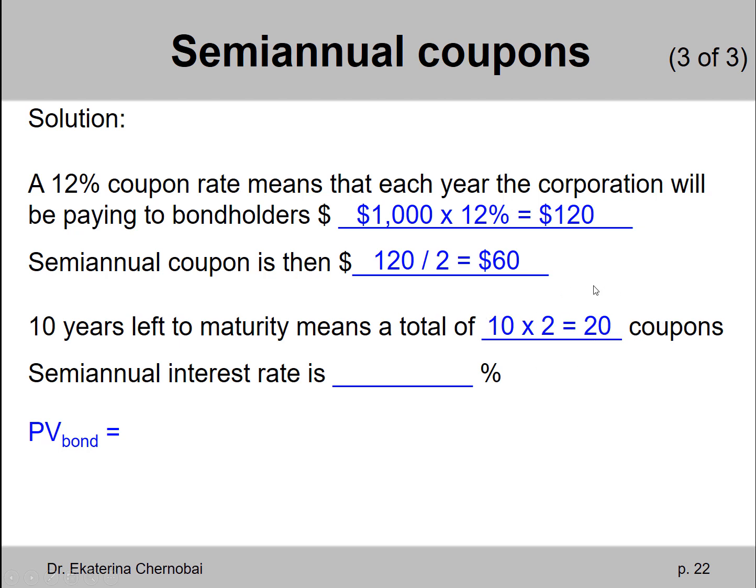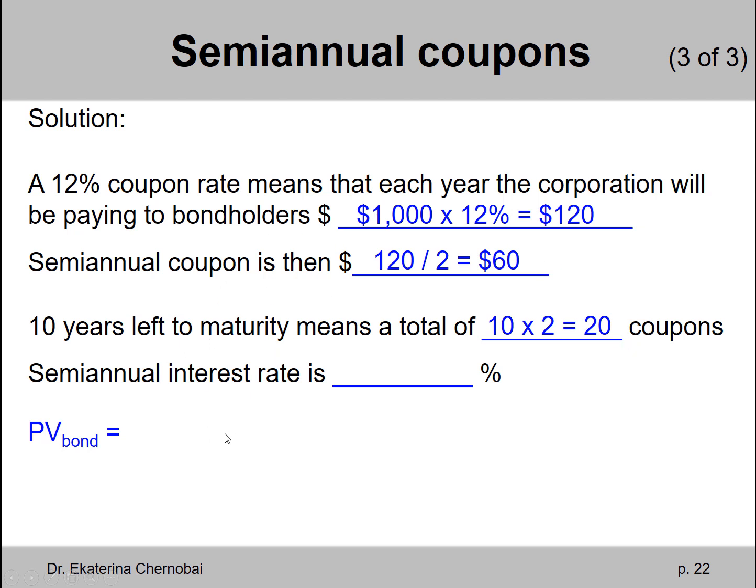And this is what we will use for N in the financial calculator, because remember, in the financial calculator, N refers to how many recurrent payments we will have. Our recurrent payment is $60 repeated over and over every half a year. And we need to use N that reflects how many of those we are going to have.